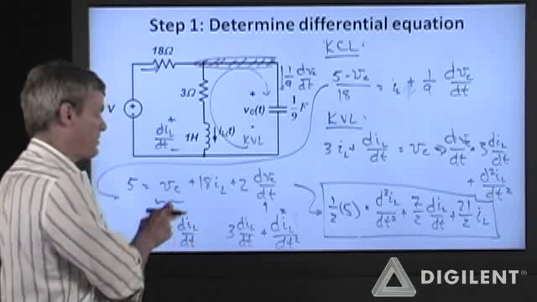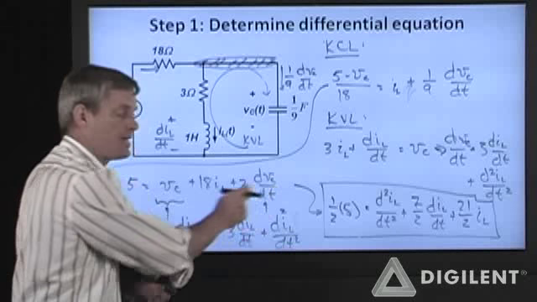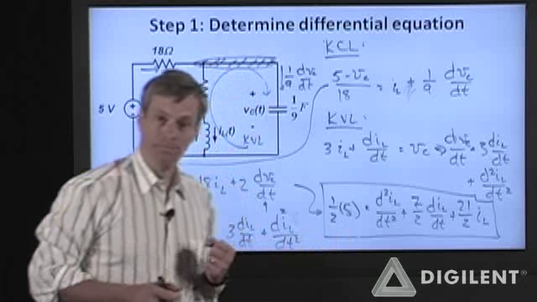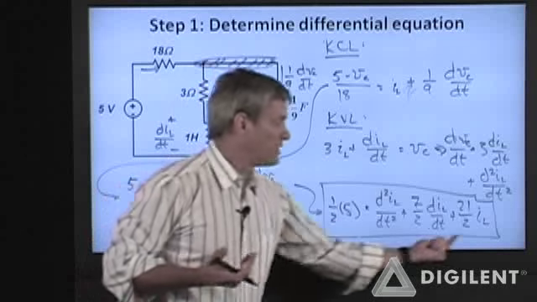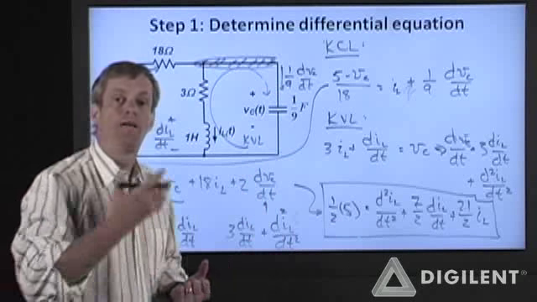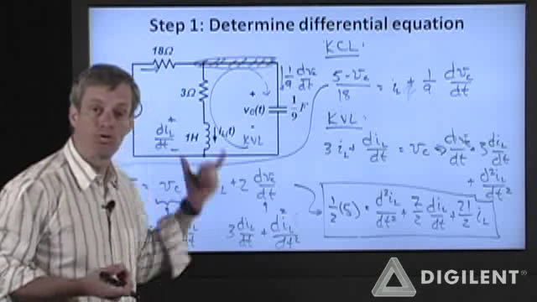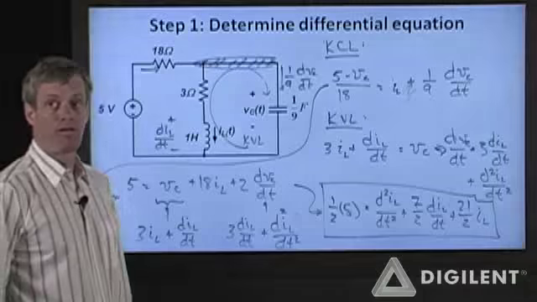All I've done is substitute this in for this in for this, and done a little bit of algebra to get the leading term here equal to 1. So now we've got our differential equation in standard form. On the next slide, we'll look at this and identify the damping ratio and the natural frequency for this circuit.